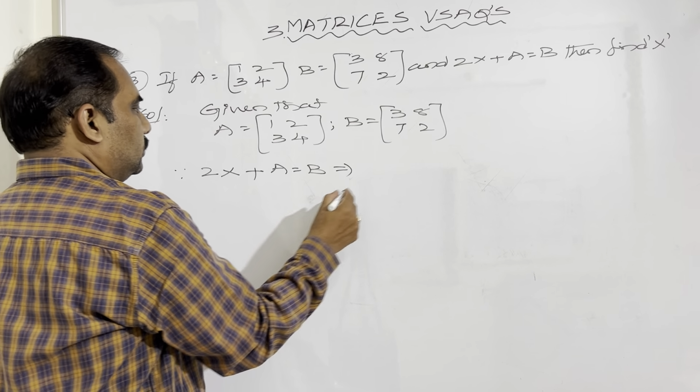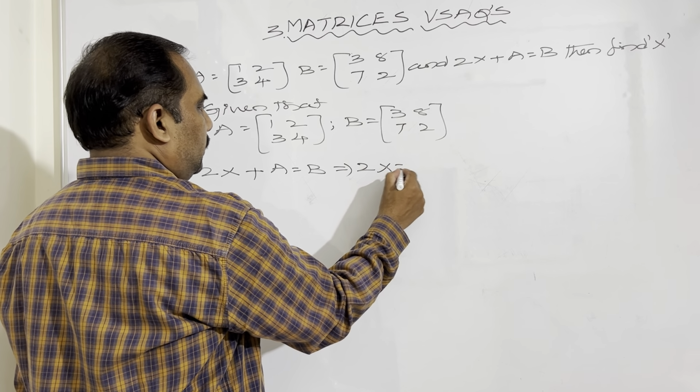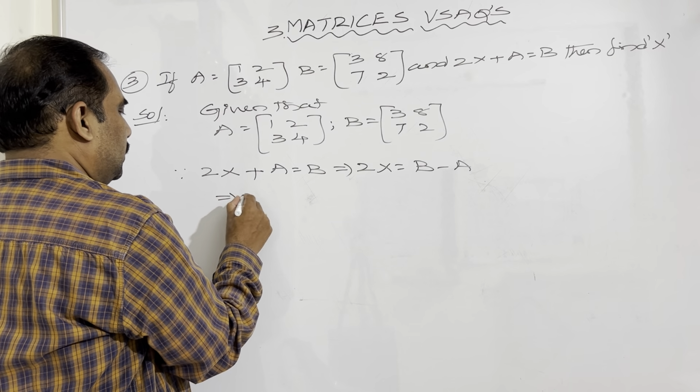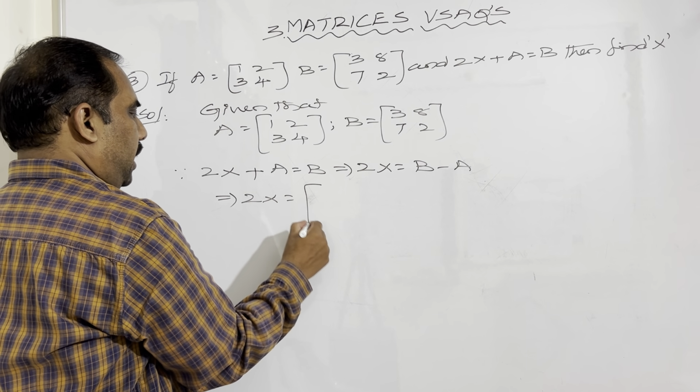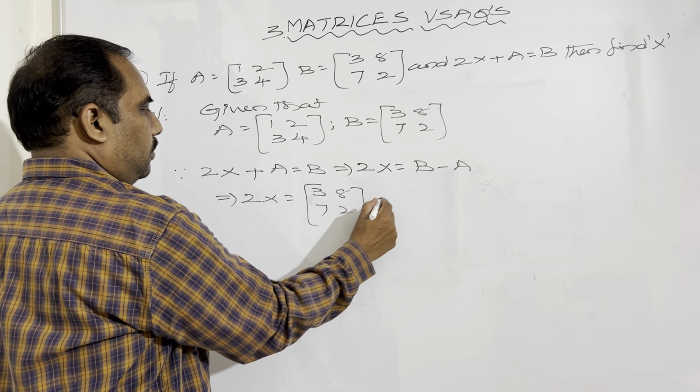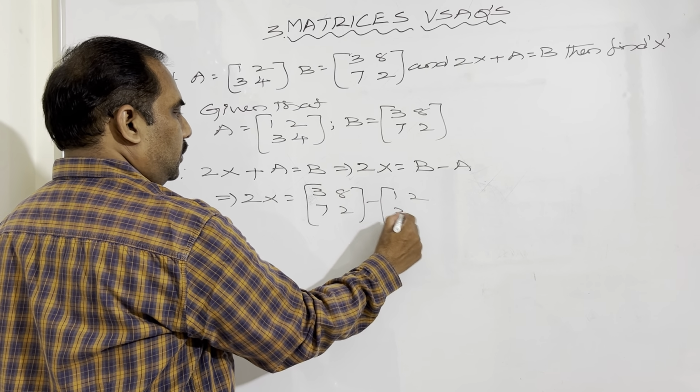That means 2 into X is equal to B minus A. So 2X is equal to matrix B, which is [3, 8; 7, 2], minus matrix A, which is [1, 2; 3, 4].